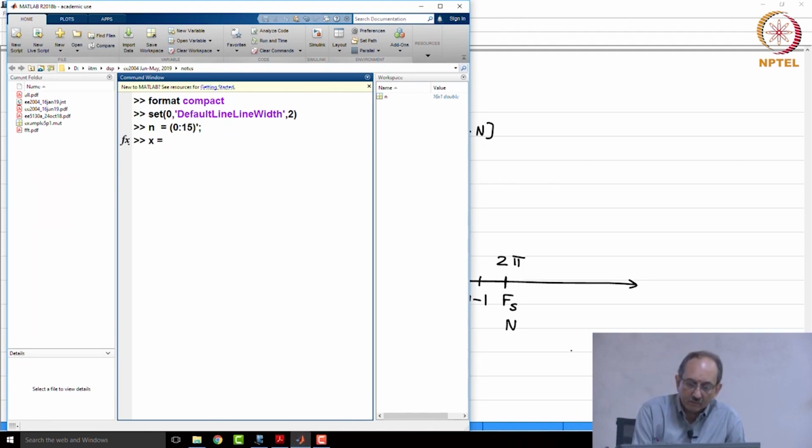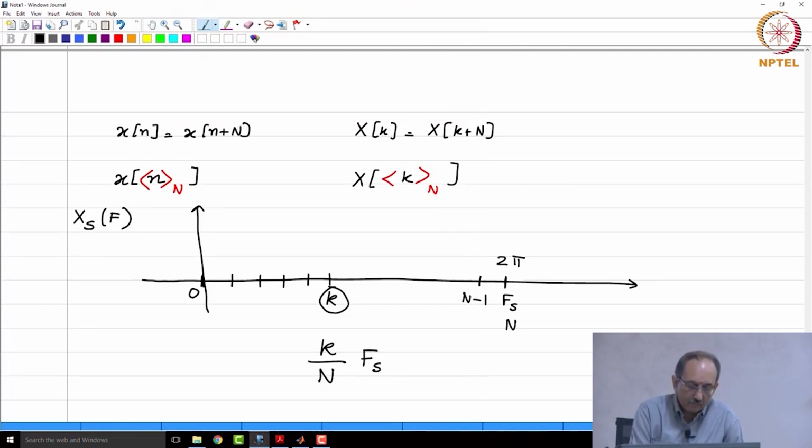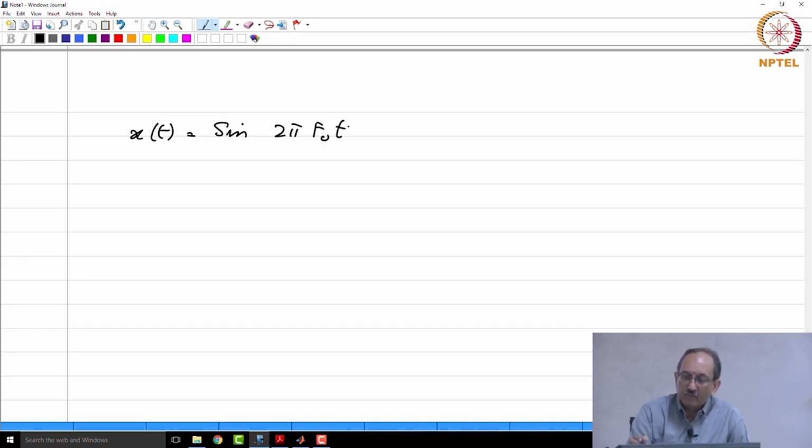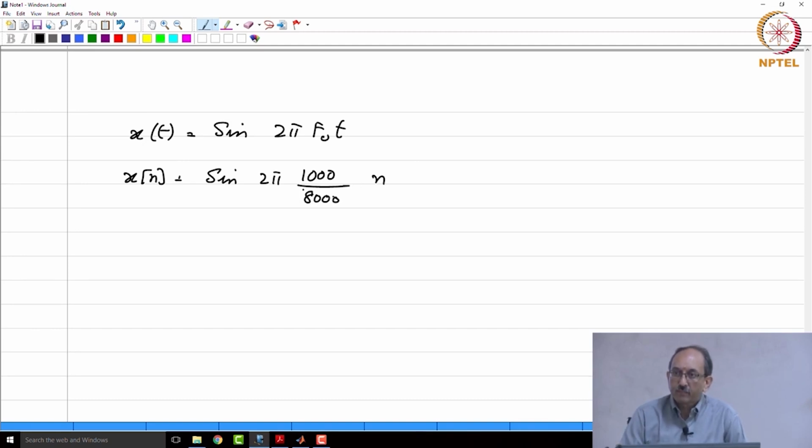So, I have x of t, which is sine 2 pi f naught t, and I want to form x of n, which is sine 2 pi f naught, taking 1000 hertz, sampled at 8 kilohertz. So, I am going to replace little t by nT. T is 1 over Fs, and this is the sequence I want to generate.